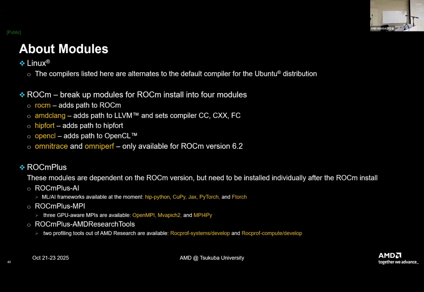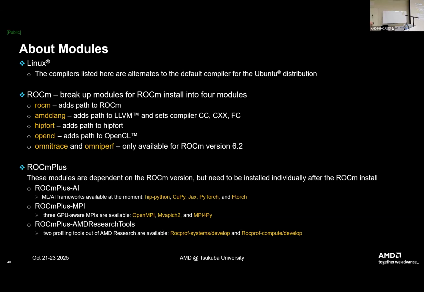Okay, so for ROCm, we have 1, 2, 3, 4, 5 show Omnitrace, which is now ROCprof Sys, and ROCprof Compute. But we show 6 modules we load with just ROCm, so that we're not getting everything when we load the module. We try not to pollute the path.